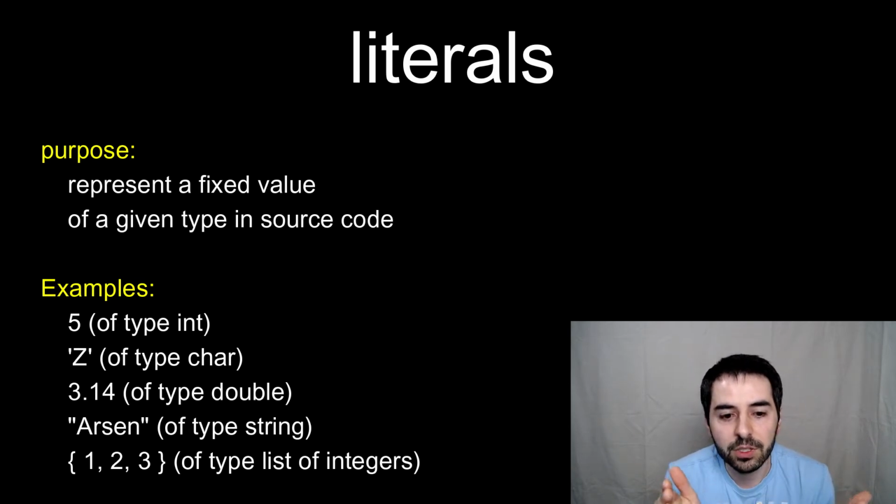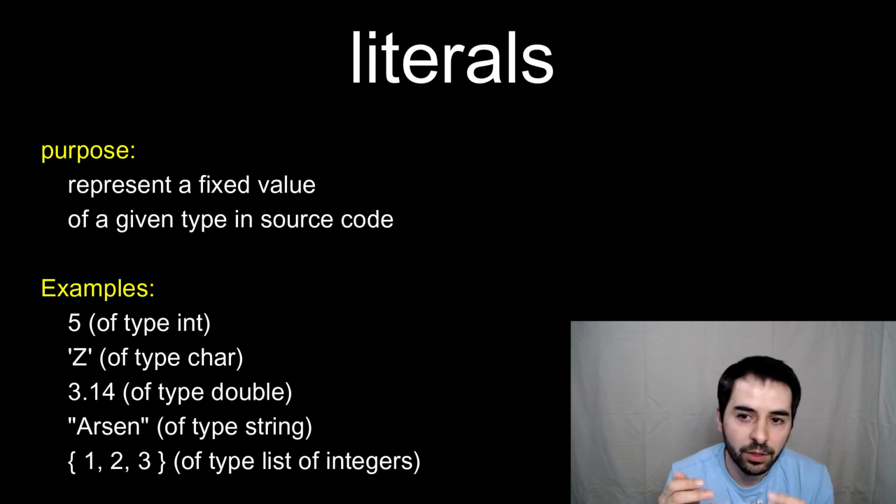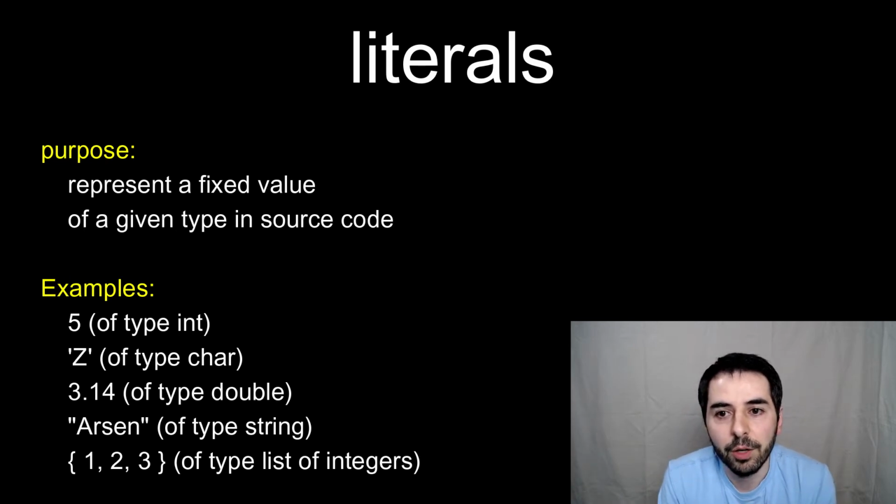So a literal is basically the source code for a fixed value of a given type. For instance, a double literal would be double pi equals 3.14, or many more digits after the decimal point.